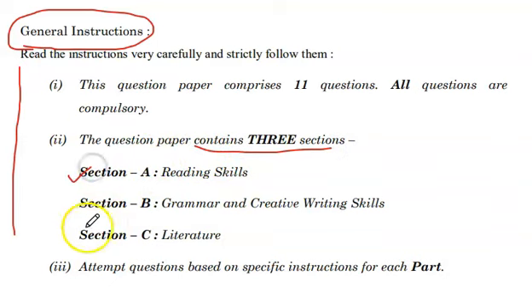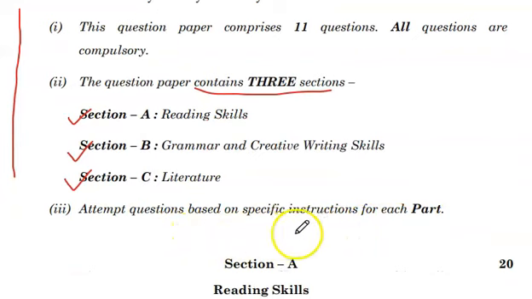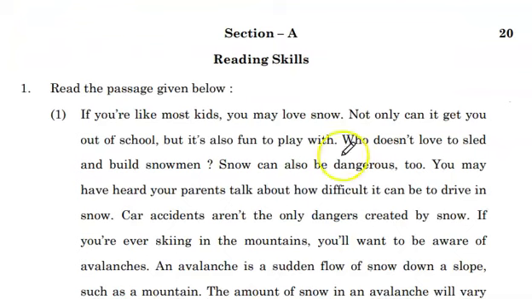Section A is reading skills. Section B is grammar and creative writing skills, and Section C is literature section. Attempt questions based on specific instructions for each part. Now, let us begin from here.